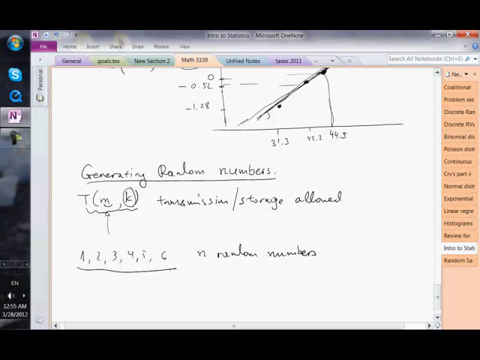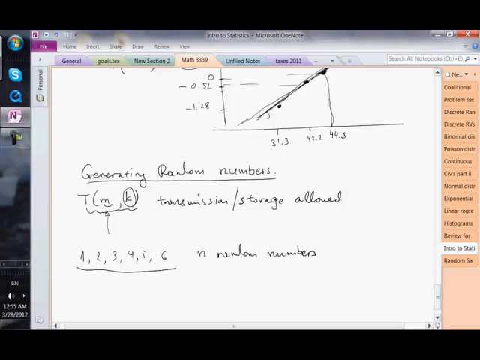Record the numbers and that gives you a sequence of 20 randomly generated numbers. Well, that's not a very efficient operation, but it's a very simple way to do it.